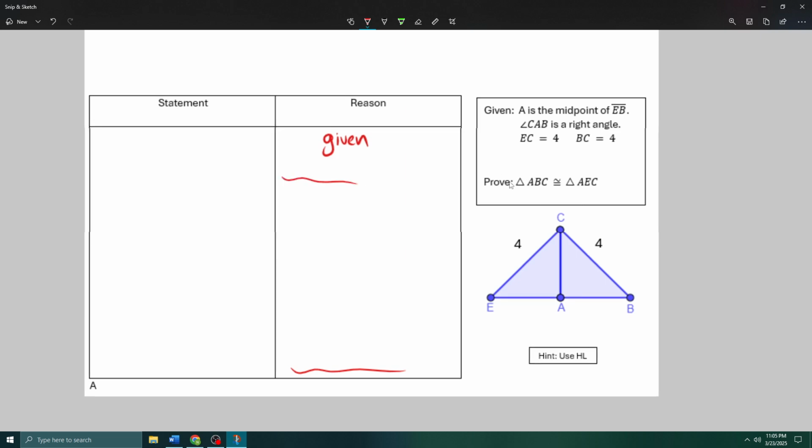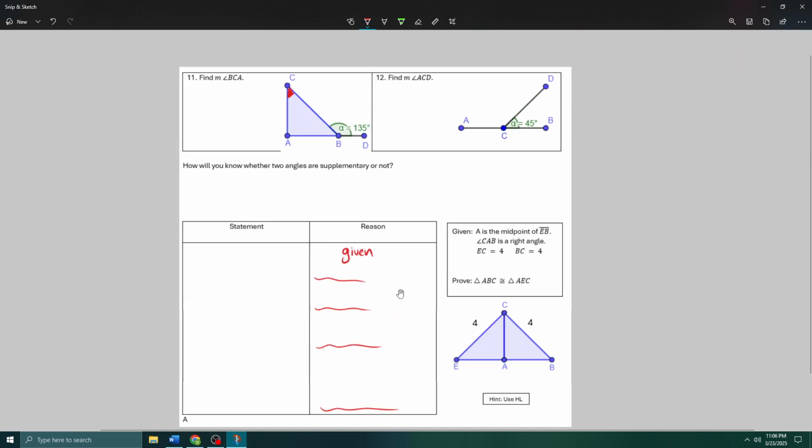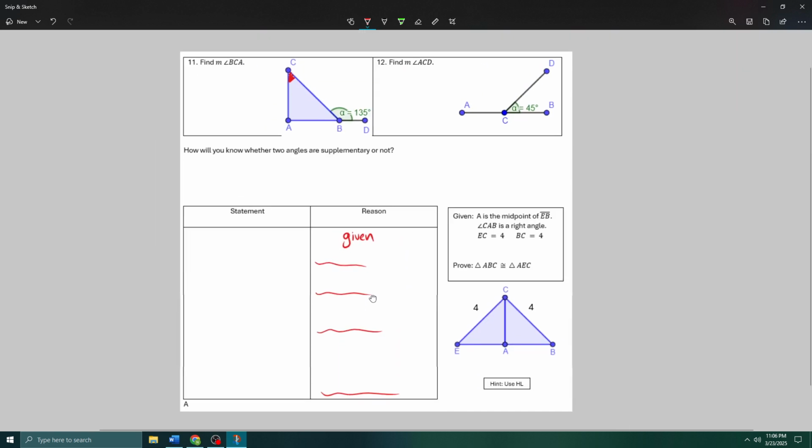But maybe you're going to be using midpoint. Maybe you're going to be using something else, which is something you have to know as a geometry student. This is not easy. Maybe you'll be using one of the things that we've talked about on this worksheet, right? So everything on this worksheet is something that you could use to prove that ABC is congruent to triangle AEC. Okay?